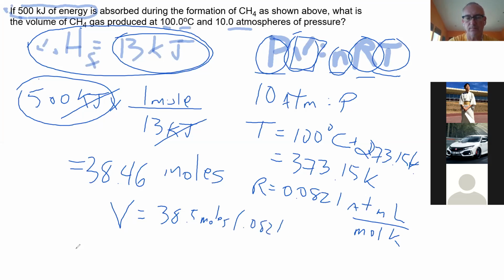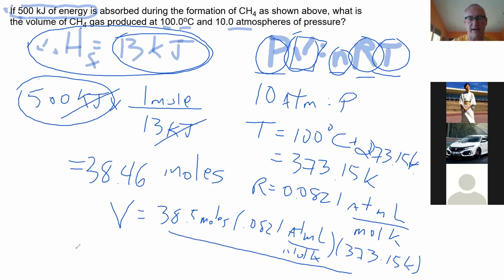Just out of curiosity, when we input our temperature, should we input the 0.15? It's fine. Just remember to round back when you give your final answer. And then divide all that by 10 atmospheres.